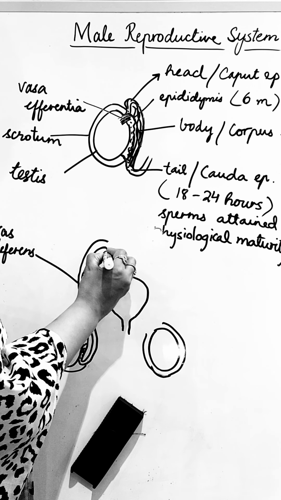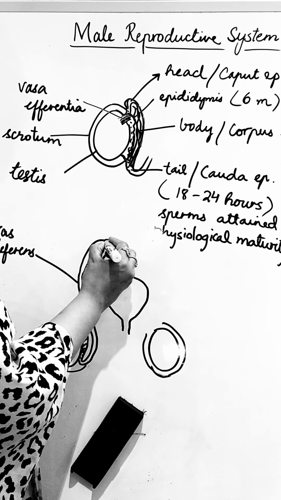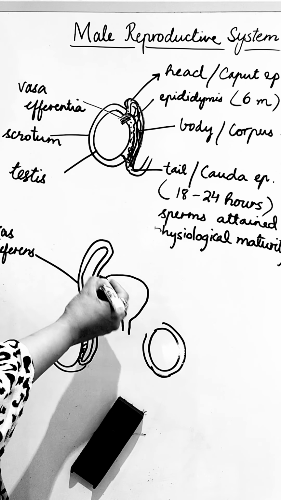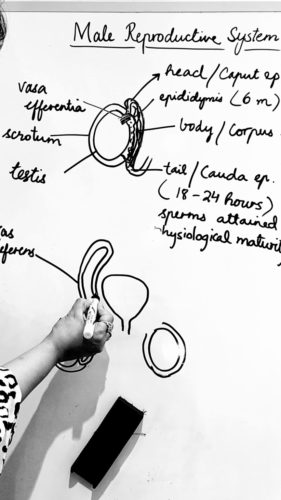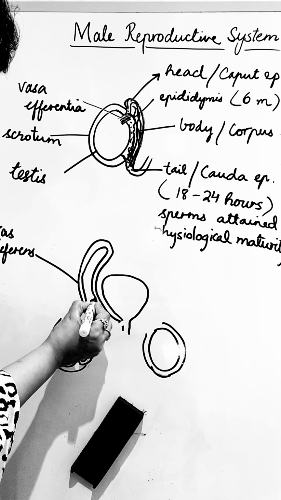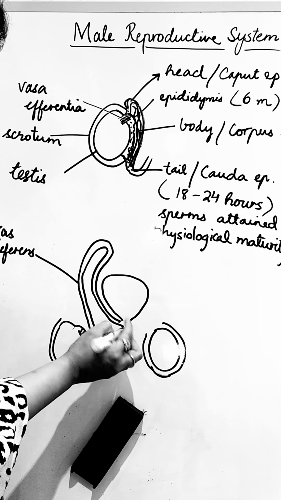This vas deferens is also a duct. It takes a U-turn, or U-loop, and this duct opens into the urethra.